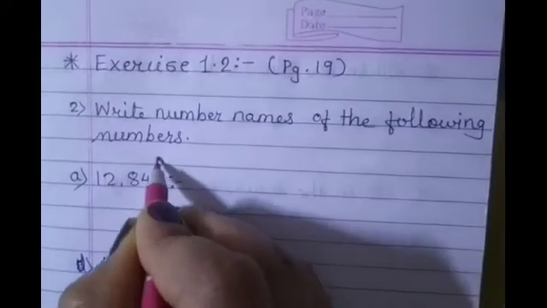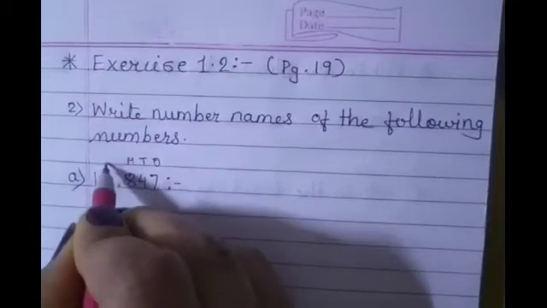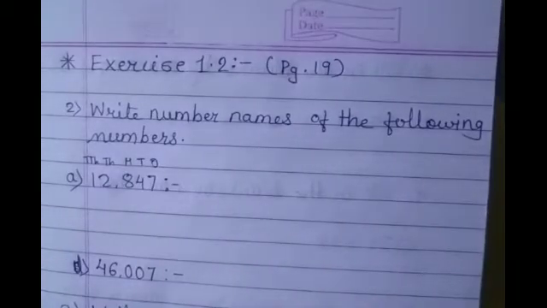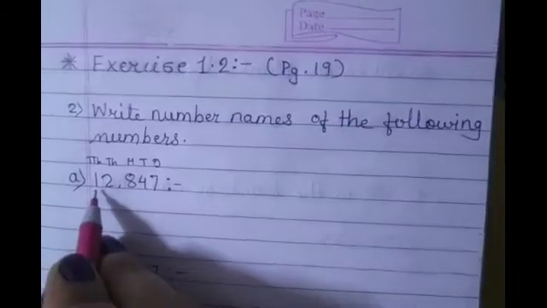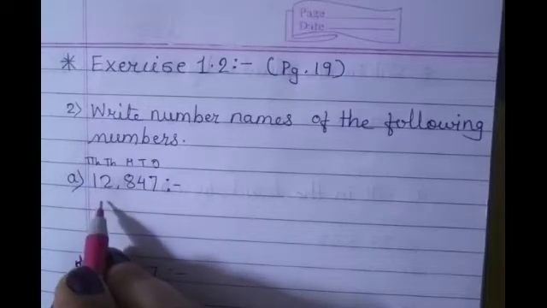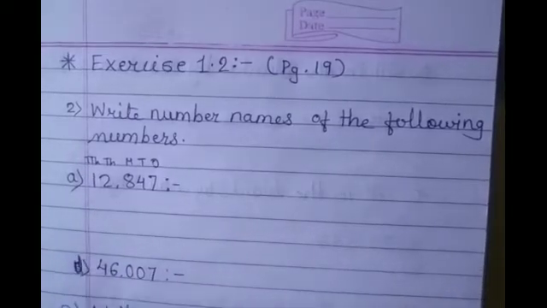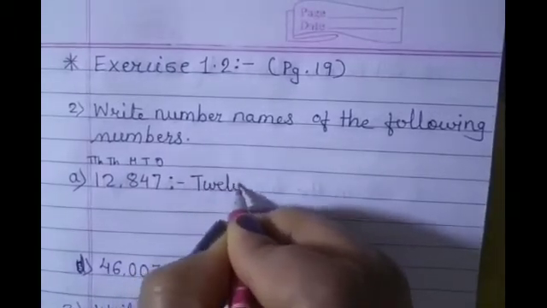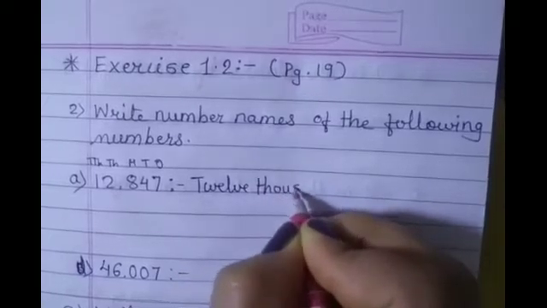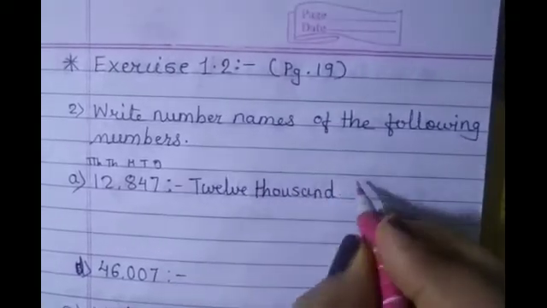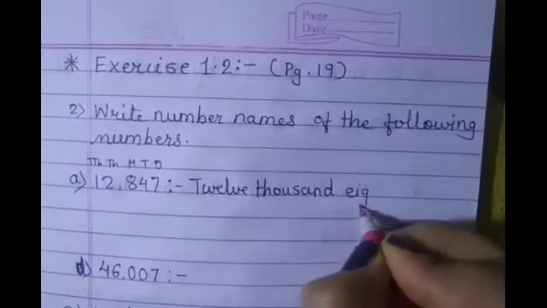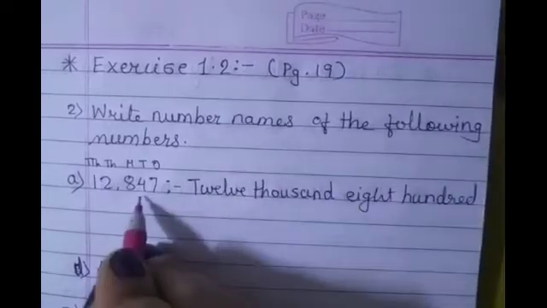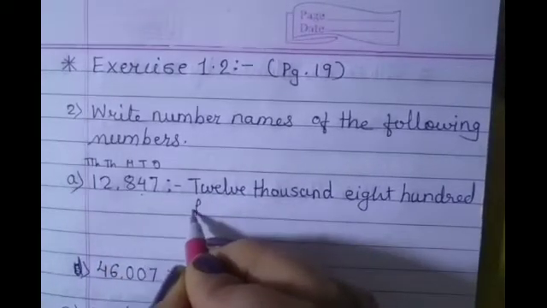So ones, tens, hundreds, thousands and ten thousands. You know that we are going to club the thousands and ten thousands place. So it will become 12,000, 800 and 47.